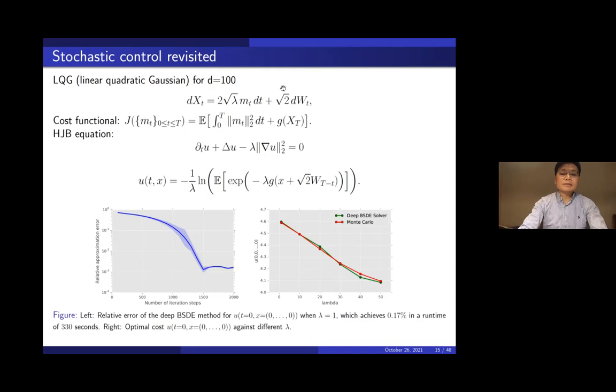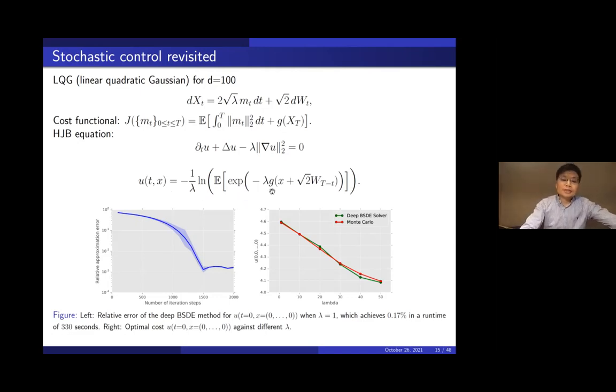Now for this control problem, one can write down the Hamilton-Jacobi-Bellman equation, and it's just this. For this Hamilton-Jacobi-Bellman equation, there is a Hopf-Cole transformation that turns this into a linear PDE. If you don't know about Hopf-Cole, that's fine. But from the Hopf-Cole transformation, you can write down the exact solution, and that's just this.